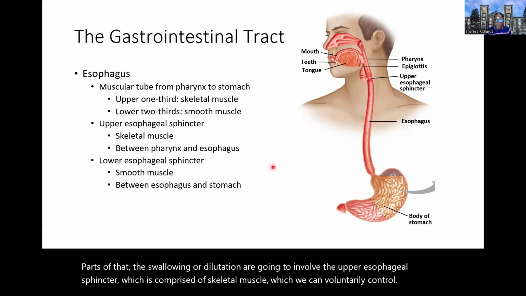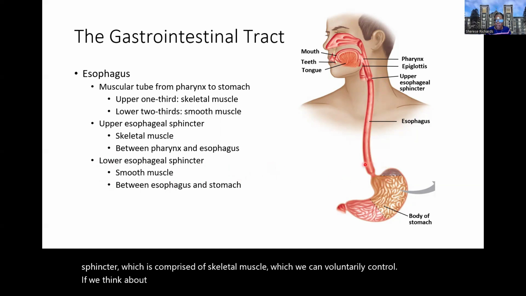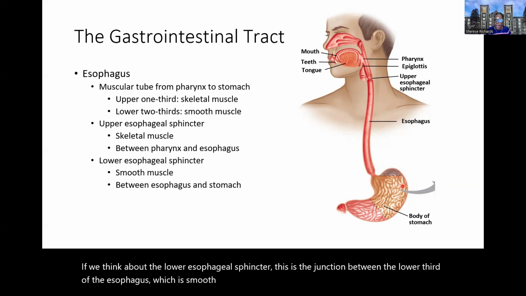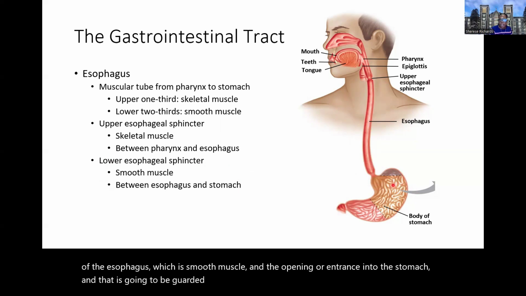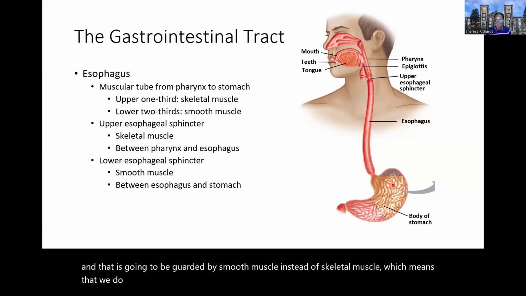If we think about the lower esophageal sphincter, this is the junction between the lower third of the esophagus, which is smooth muscle, and the opening or entrance into the stomach. And that is going to be guarded by smooth muscle instead of skeletal muscle, which means that we do not voluntarily control that.